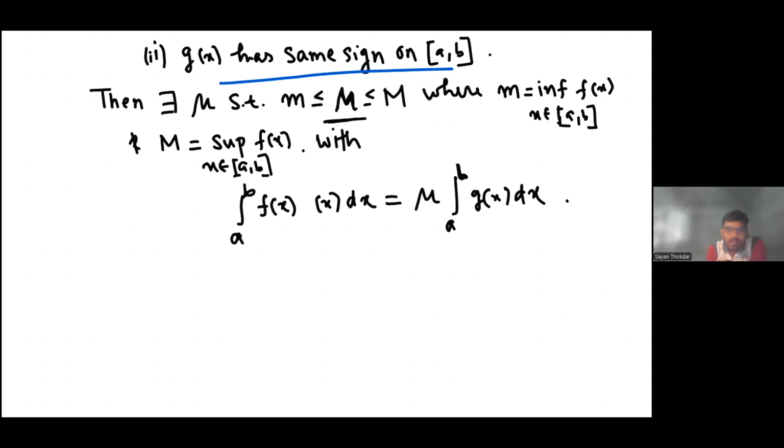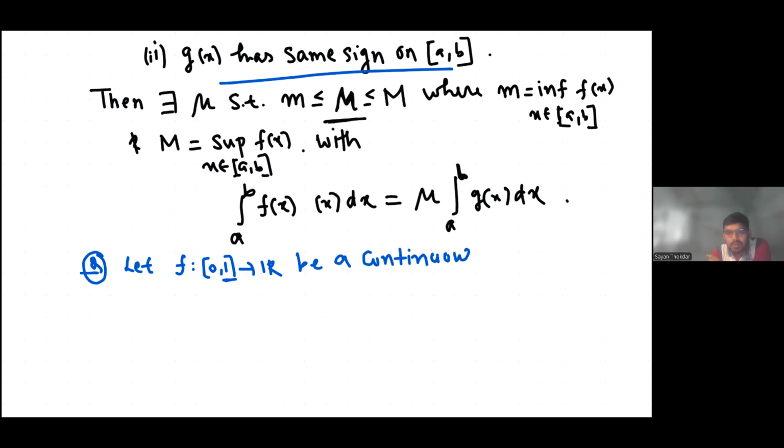Let me write that problem in a bit more detail, then we will discuss the solution. The question is: let f from the closed interval 0, 1 to R be a continuous function.